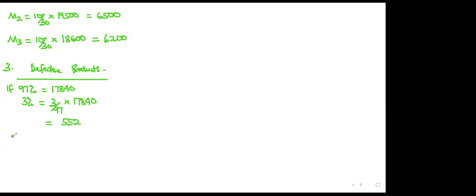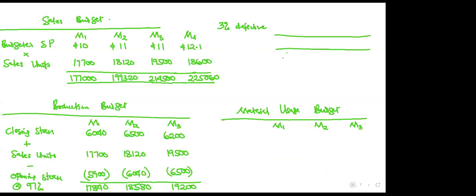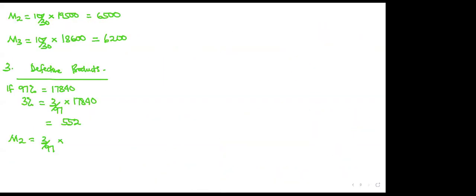So month 2 will also give us 3 over 97 times the month 2 figure. What's the month 2 figure? 18,580, right? Yes, sir. Which will give you 575.